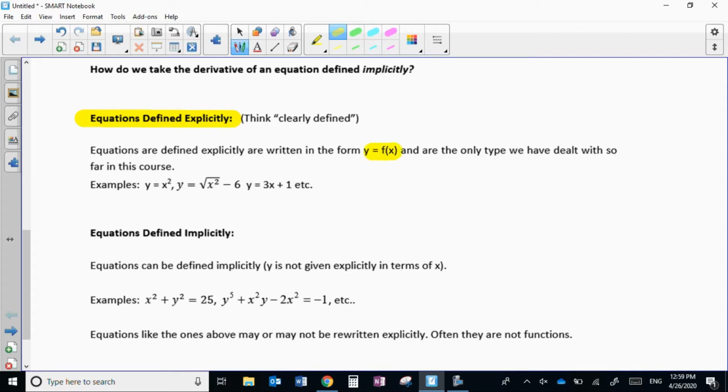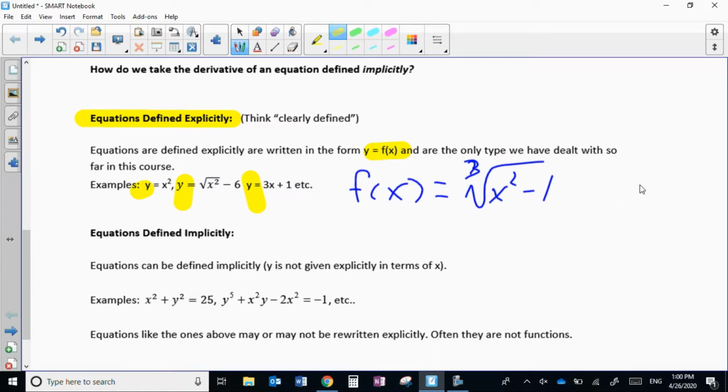They're written in the form y equals f of x. So the left side of the equation is either just a y or an f of x. Another one might be f of x equals the cube root of x squared minus 1. So the left side of the equation is either y equals or f of x equals something like that.